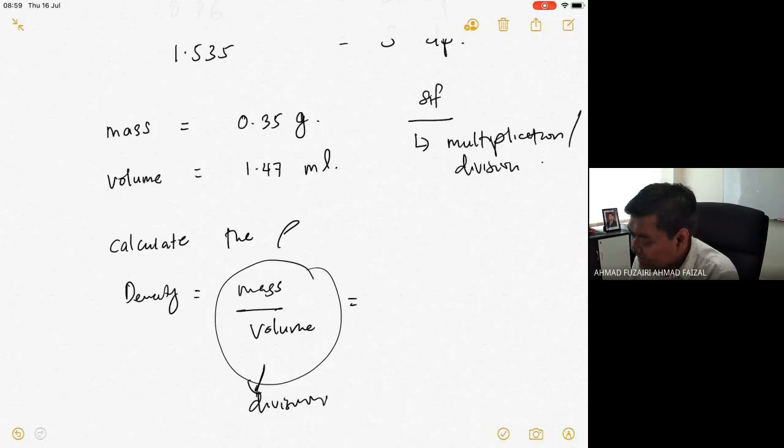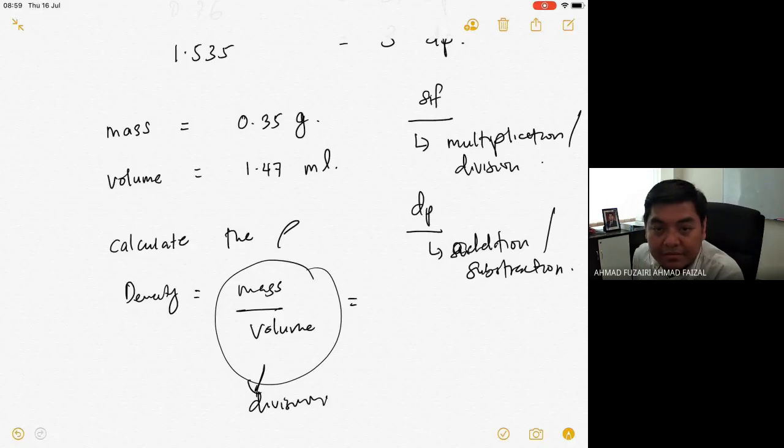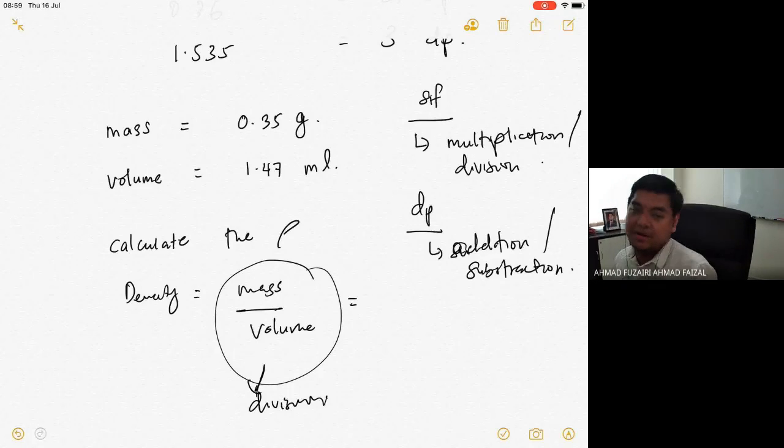Tetapi kalau decimal point, dia akan berada dekat addition or subtraction. So ingat, di sini kita nak pakai yang mana?